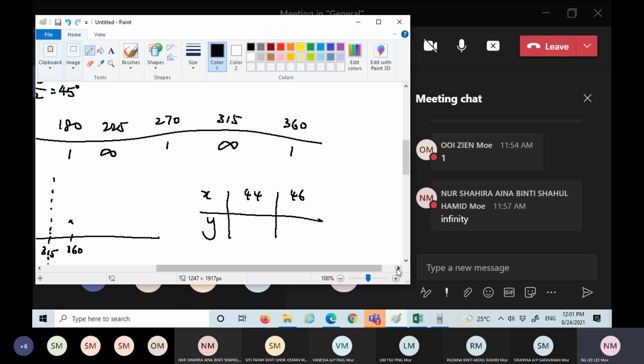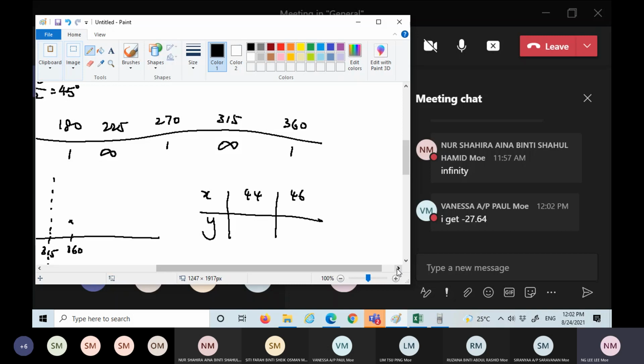Ravania, are you here? For these two values, you will get not 1, not infinity. So for Vanessa, very good. Okay, so she get negative 27.64.